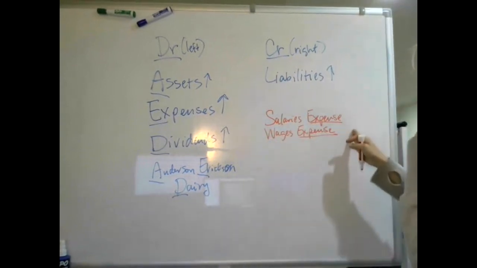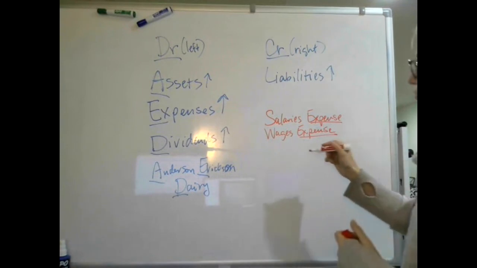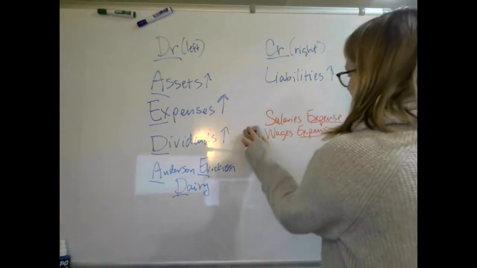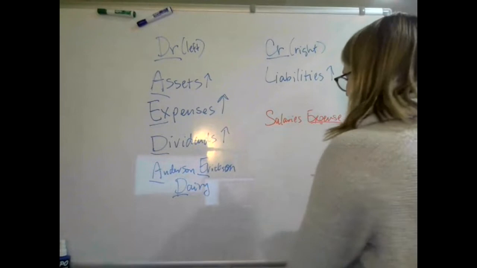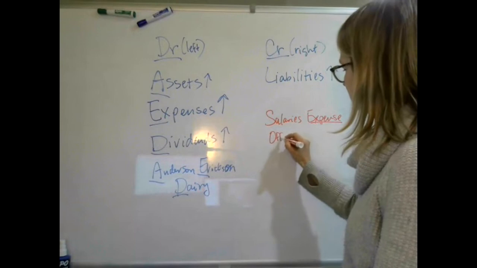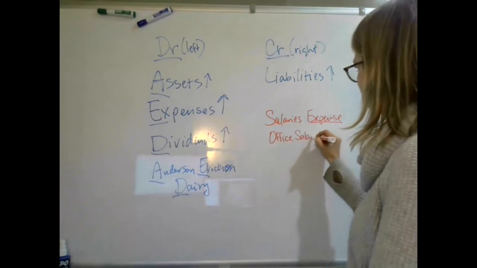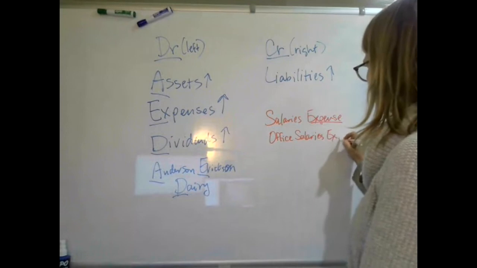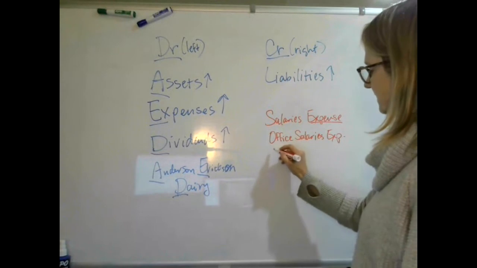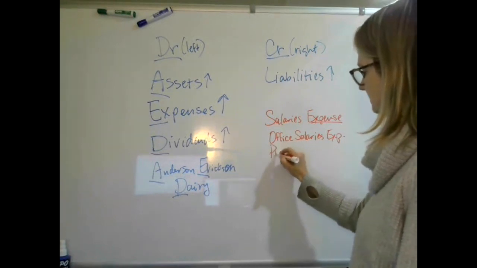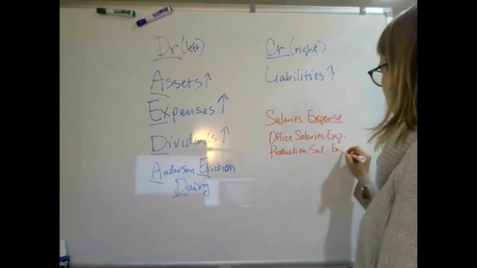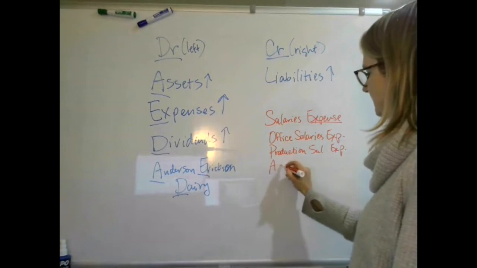Now within these expense accounts, you may want subcategories. So let's just say you use salaries expense. Maybe you want office salaries expense, and you want production salaries expense, and you want accounting salaries expense.